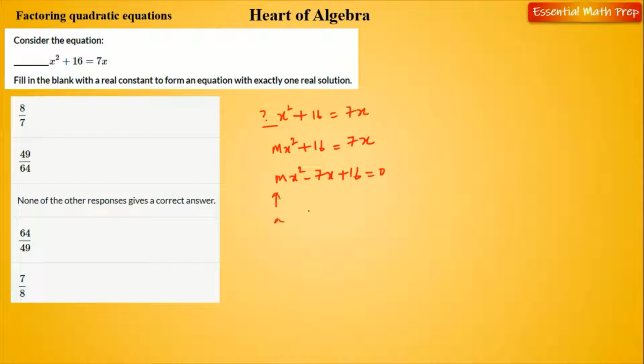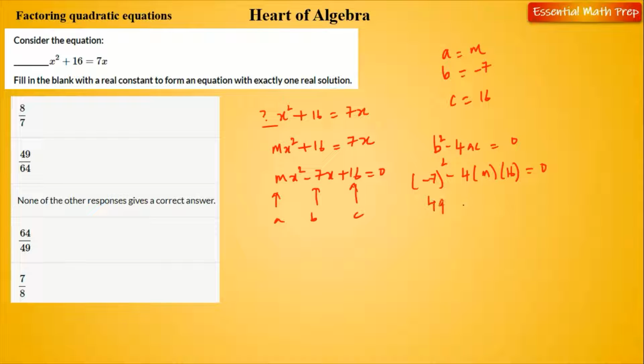We know this is our A, this is our B, this is our C. So A equals m, B equals -7, C equals 16. So B squared minus 4AC equals 0. So B squared would be -7 squared minus 4 times m times 16 equals 0.